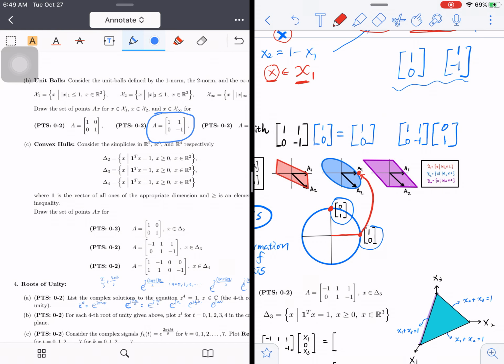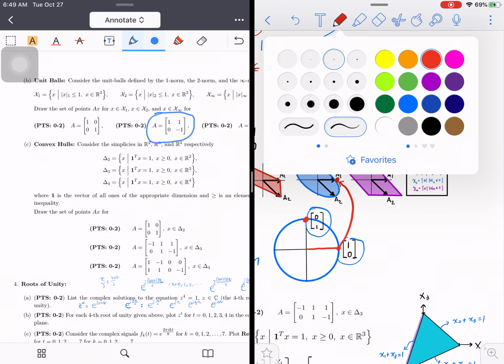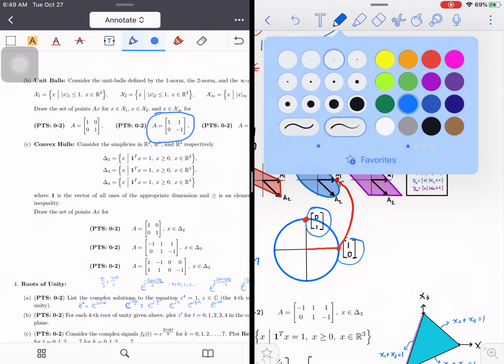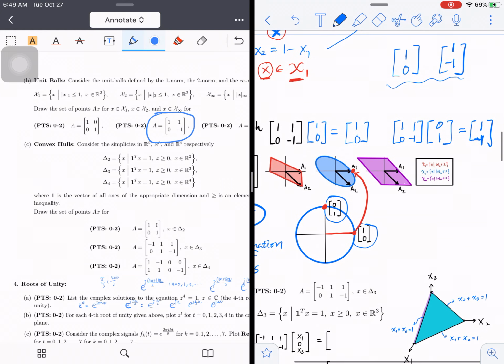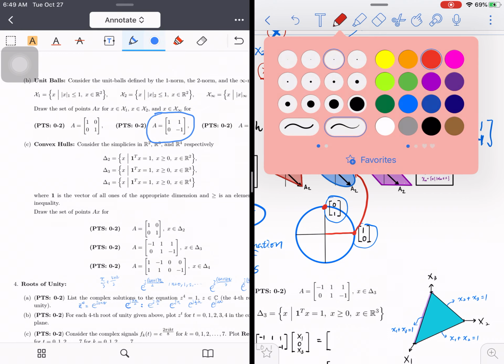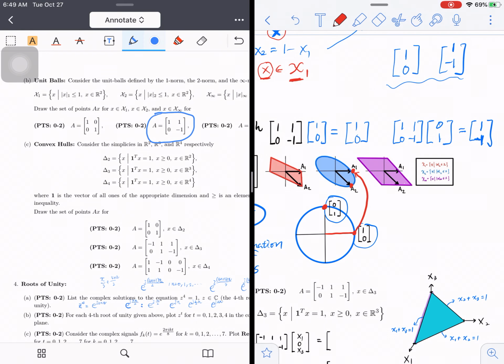And therefore what I get is (1, -1). So where is (1, -1)? (1, -1) is here. So this axis, or this point, is transformed to this point.